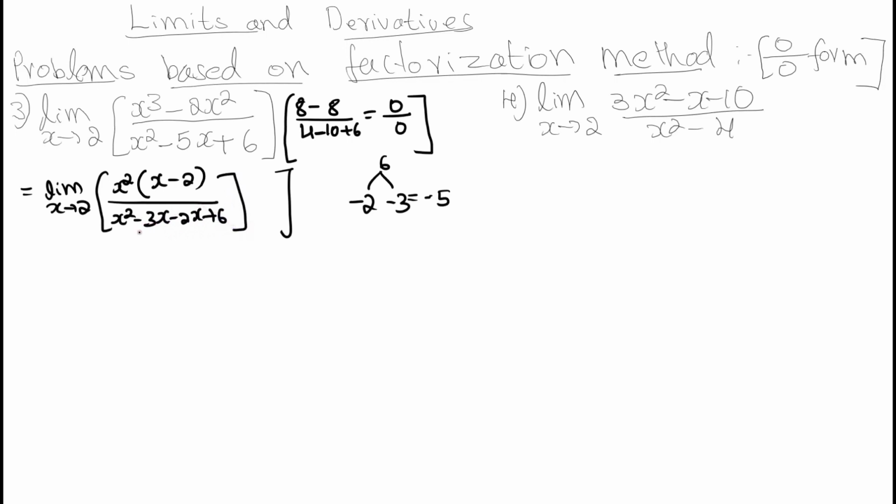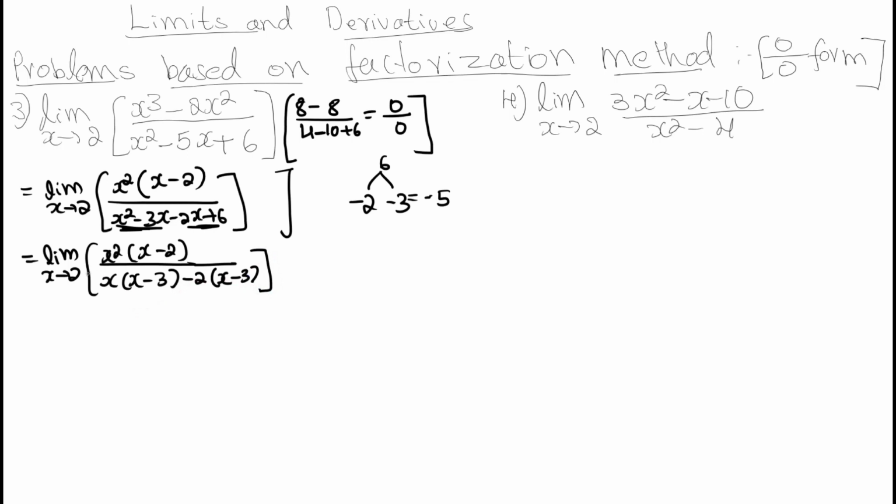In the next step, it's equal to limit x tending to 2, x square into x minus 2 divided by... take this as the first term, and this is one more group, so that here I can keep x outside, so I can write it as x into x minus 3. To get x minus 3 inside the bracket, here I need to keep minus 2 outside. So minus 2 into x minus 3.